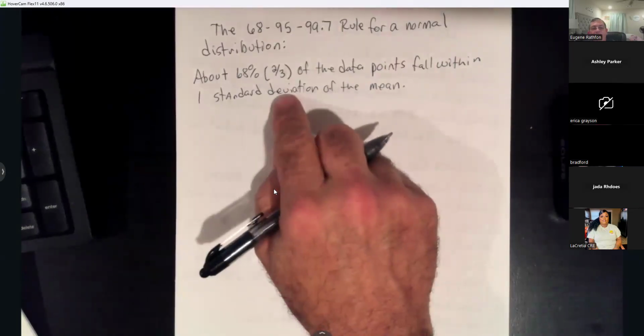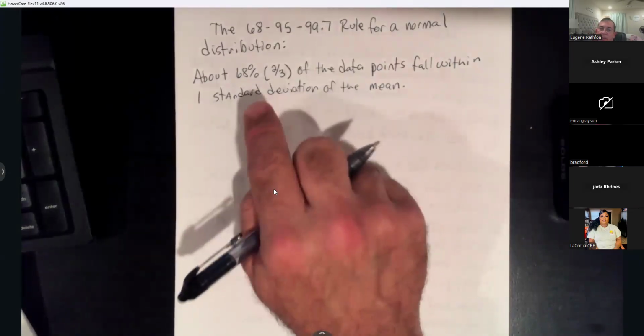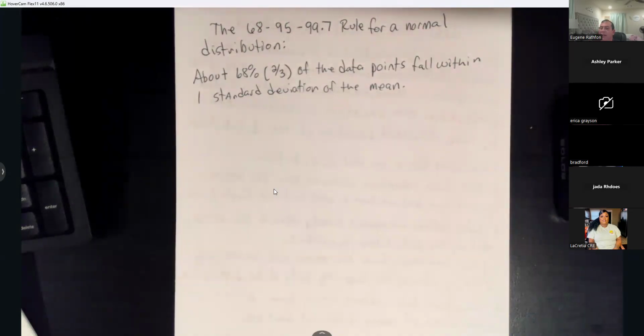And y'all remember, we found standard deviation last week. So the standard deviation is the average of how far the data points were from that mean, okay?